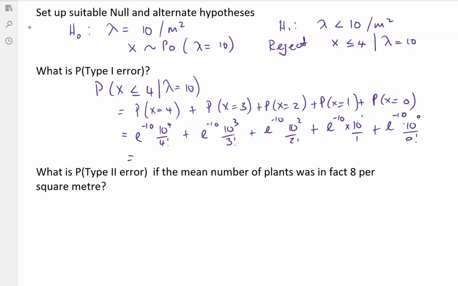If you key all of that into your calculator, you're going to come up with 0.0293.